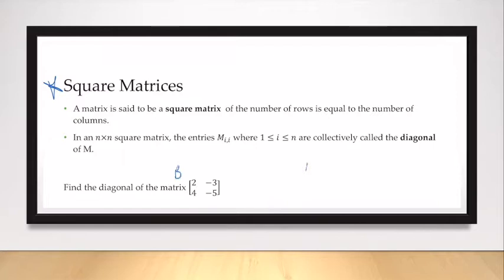Well, B11 is 2 and B22 is -5. So those would be the diagonal entries of our matrix B. And as long as the number of rows equals the columns, it's a square matrix. So I could have a 3 by 3 matrix or a 4 by 4, but we are going to be working primarily with 2 by 2 square matrices.